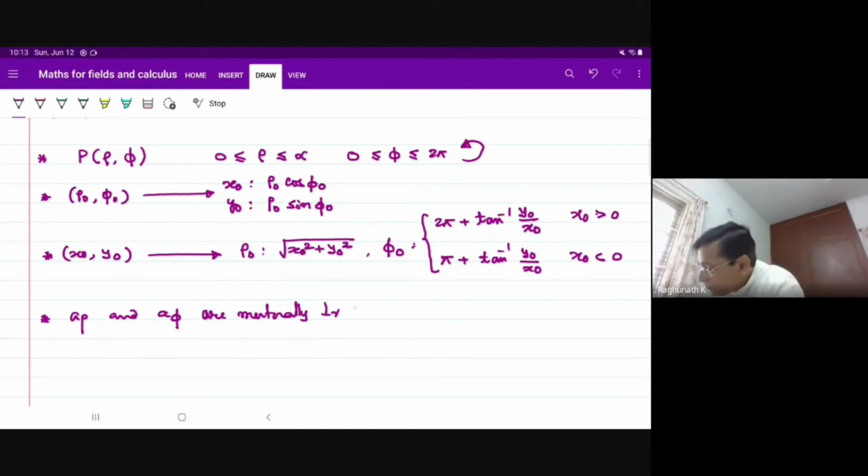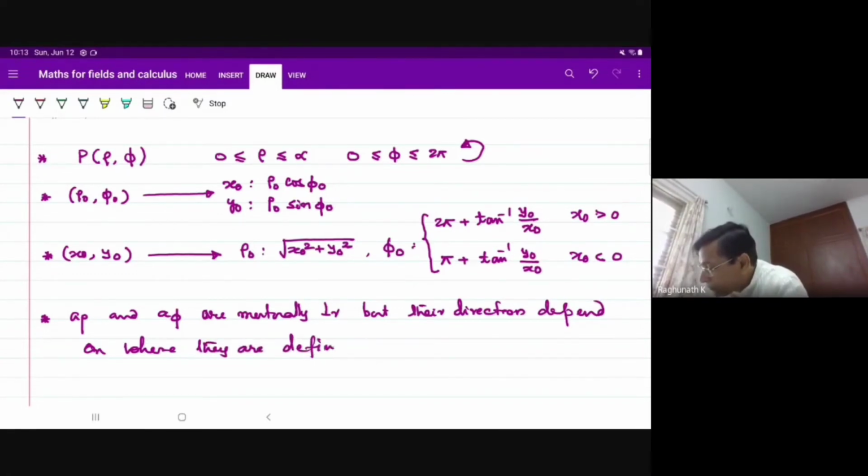But their directions depend on where they are defined. This is what we saw.